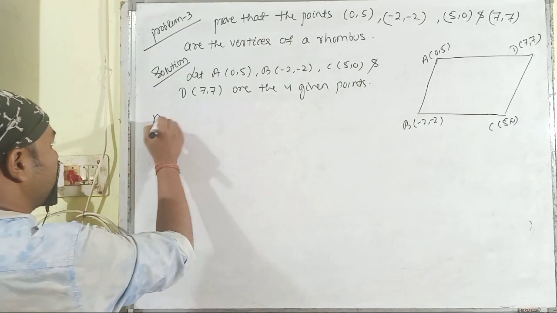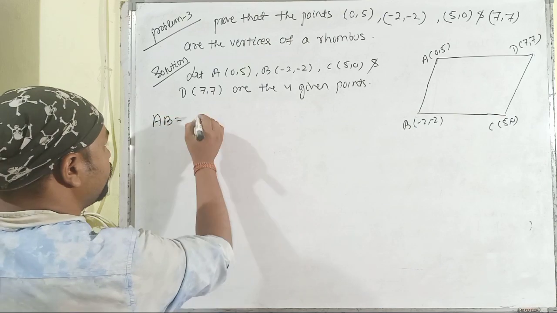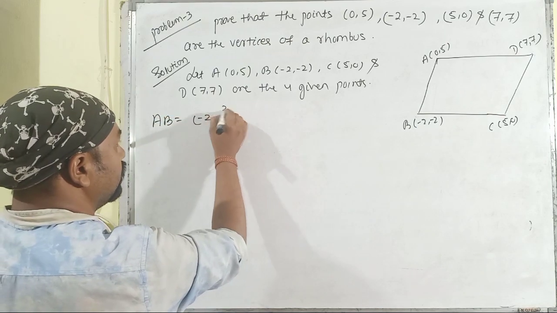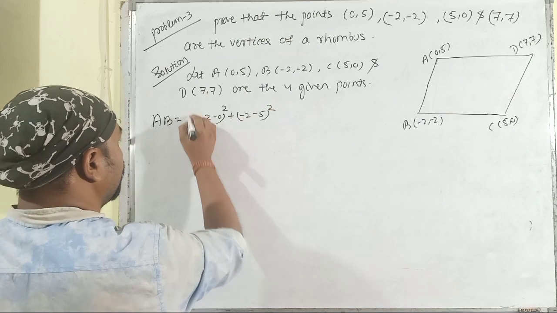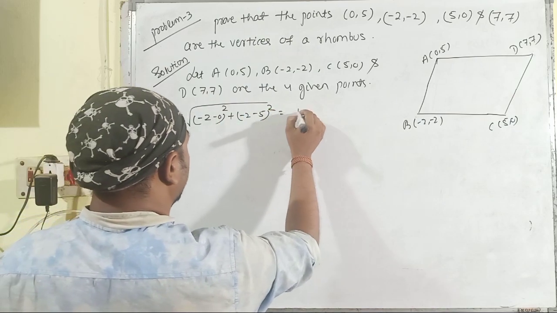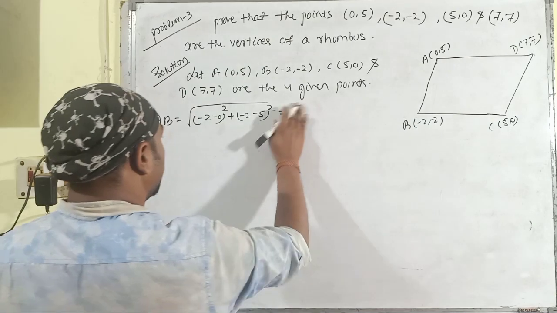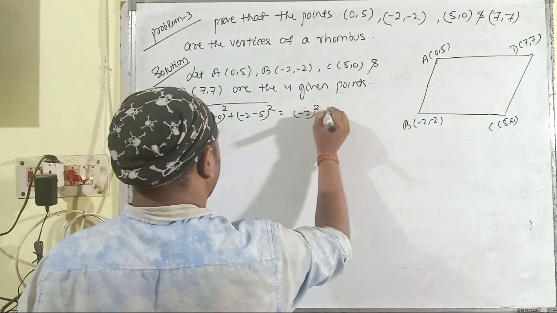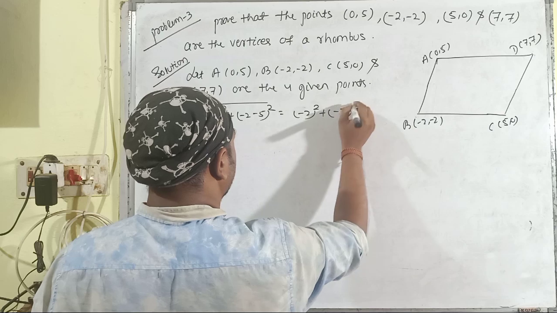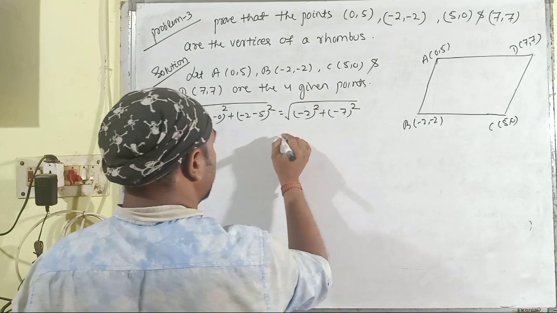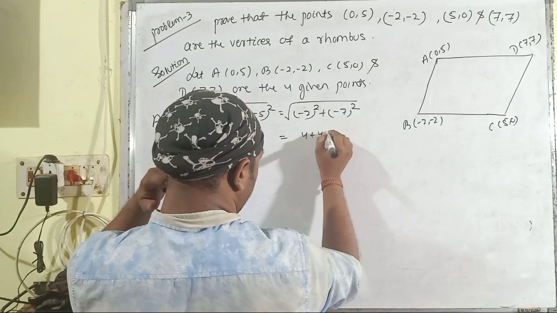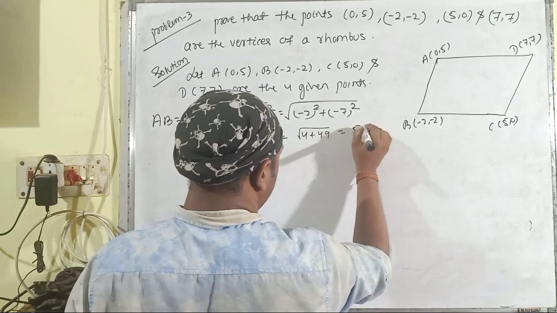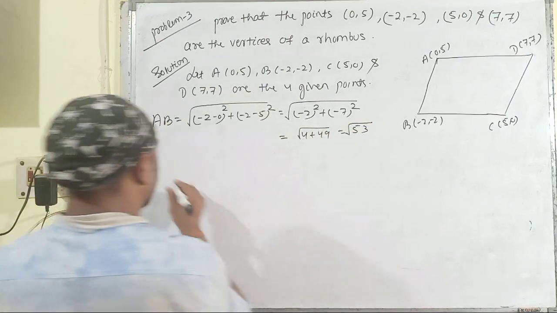So here AB is equal to the square root of 2 squared, whole square of minus 2, plus whole square of minus 7. That means it is 4 plus 49, that is square root of 53.